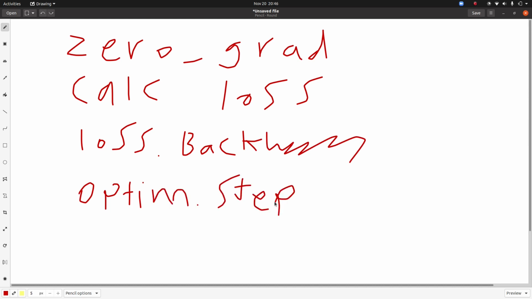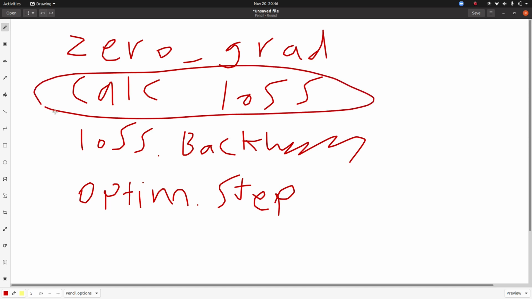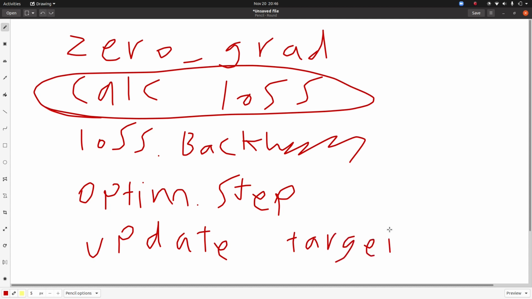So really all we need to talk about is calculate loss, and for this function there actually is one more step, which is that occasionally we need to update the target network. Okay, so those are the 5 steps.